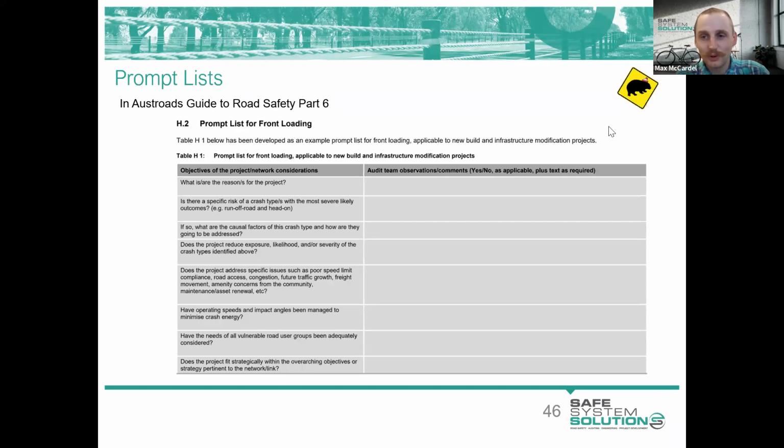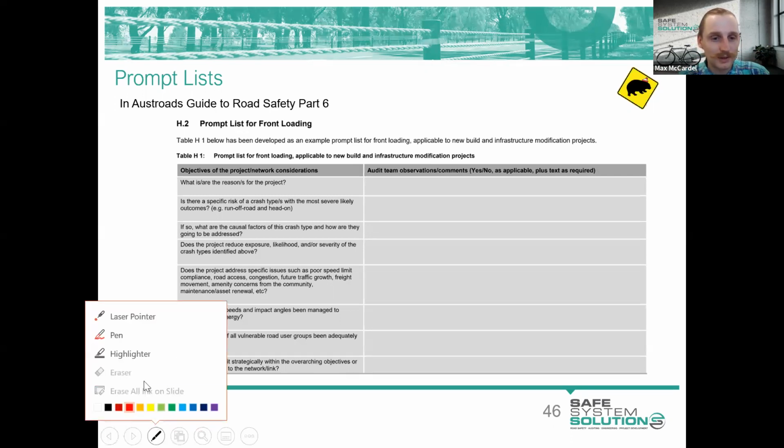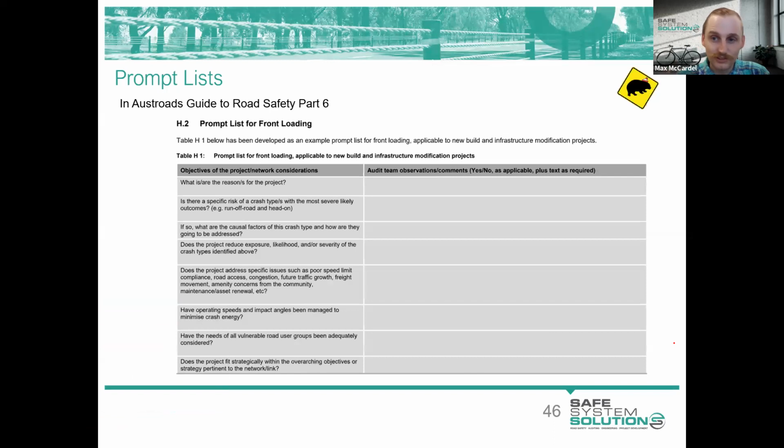In a much more common vernacular, you would describe this as setting up the project context, or just understanding how the road environment works. Front loading just appears to be the jargon that they've gone for, but you can see the questions are very much about setting up what you expect the road environment to look like, who's there, traffic volumes, etc.